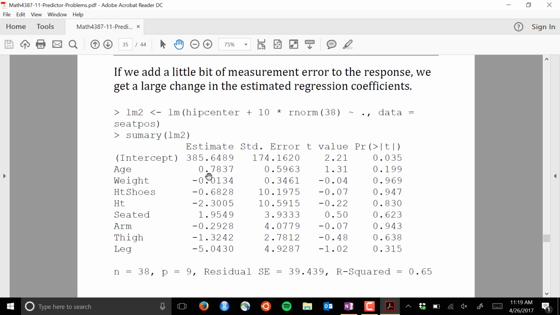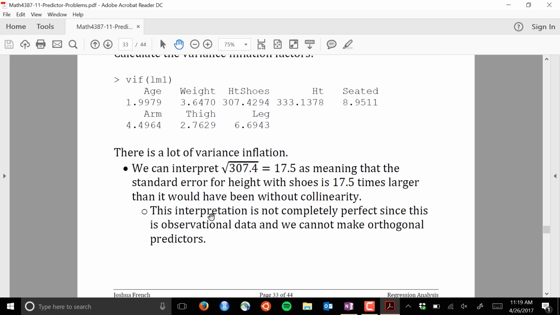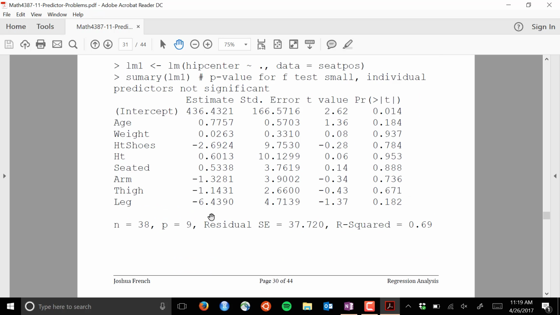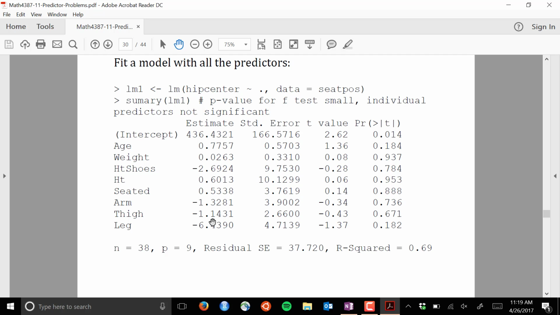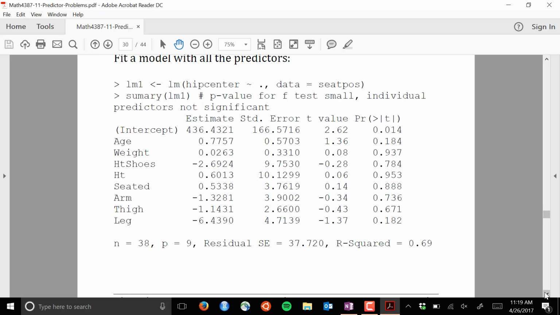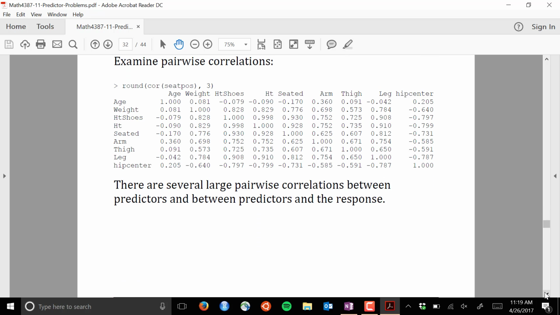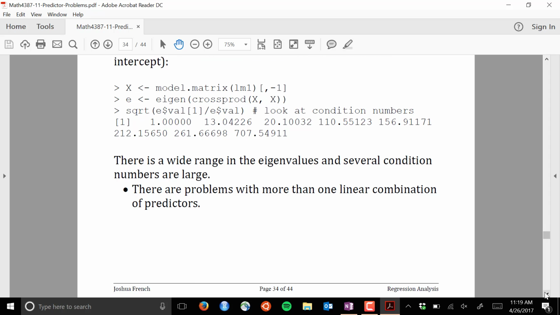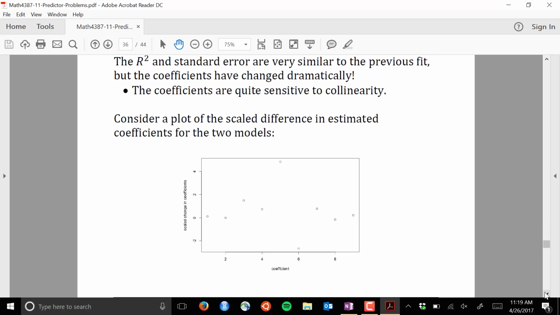You can see that we have a bunch of negatives here, where in our original model we only had a few negatives. Our estimates changed dramatically simply by adding a little bit of error to our original hip center measurements. That's really not a good thing to have. It means that our estimates are not stable, and so we can't really trust our fitted model. That's a bad problem to have when we're doing regression coefficients.